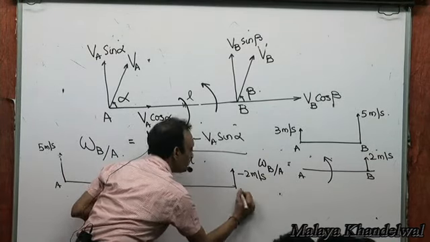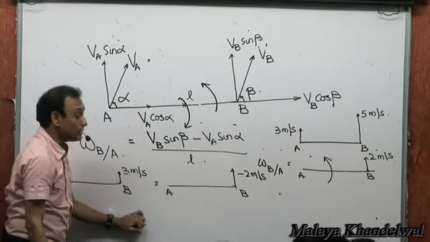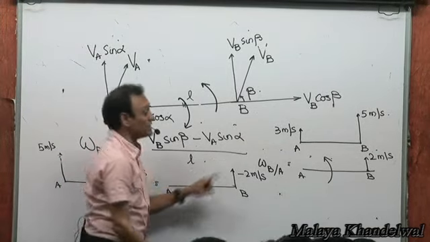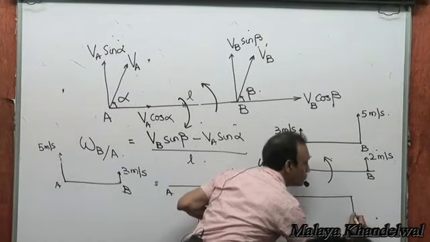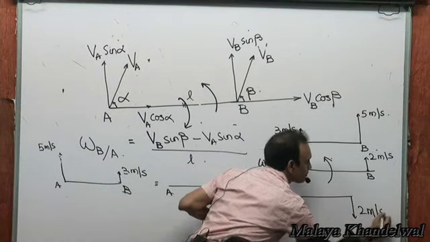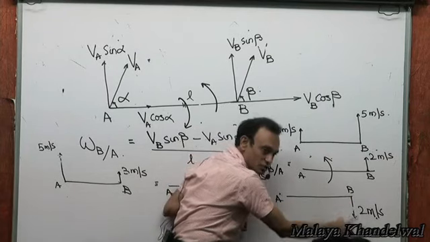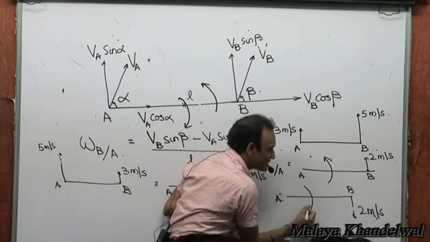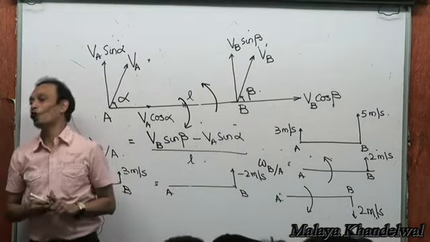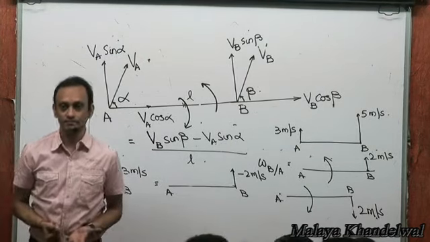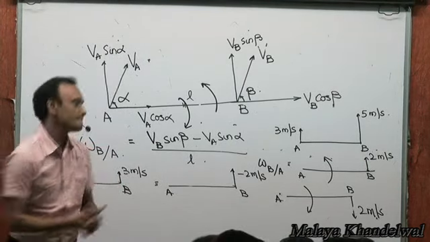That will be the velocity of B as seen by A, right? Minus 2 meters per second like this would actually mean 2 meters per second like this. Then if the velocity of B is 2 meters per second like this, do you realize that AB is getting swiveled in the opposite sense? That's the only difference. Yes or no? Very good.